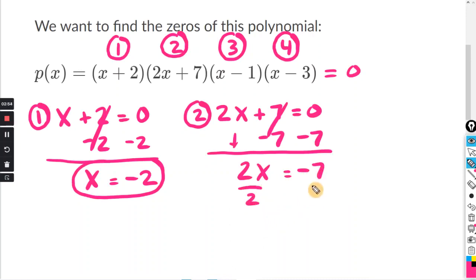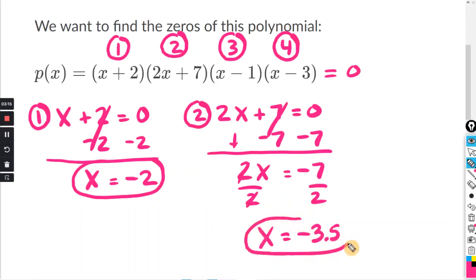Okay, and dividing both sides by 2, we see that x is negative 7 halves, but we're going to be plotting this on the graph, so it might be easier if you use the decimal. If you do negative 7 divided by 2, that's going to be negative 3.5. All right, so we have 2 zeros now.